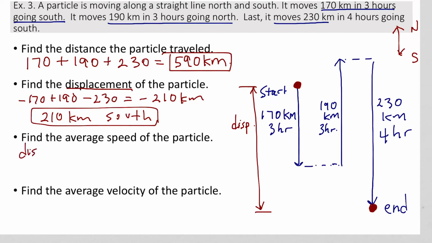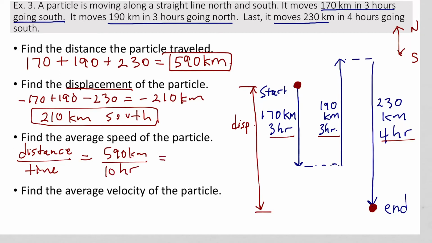So I'm going to write my formula here, distance over time. So that's 590 kilometers divided by my time. So I've got 3 hours plus 3 hours plus 4 hours. That's 6 plus 4. That's 10 hours. So this is 59 kilometers per hour. And this is his average speed.